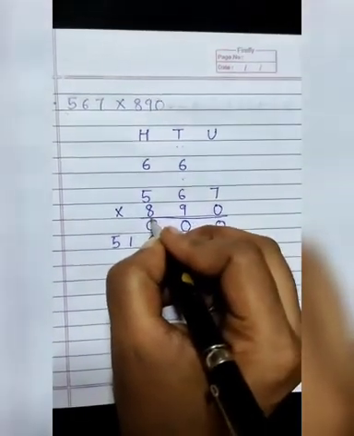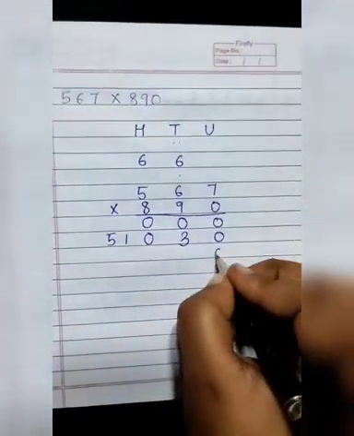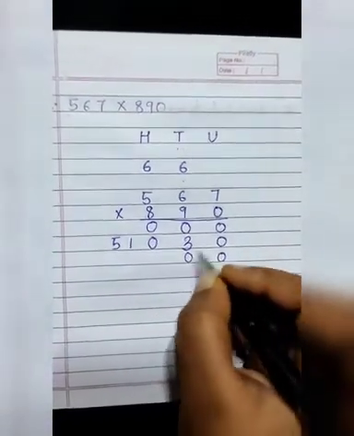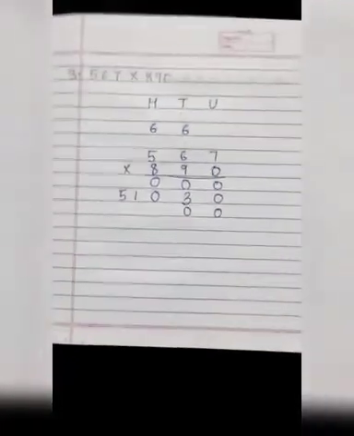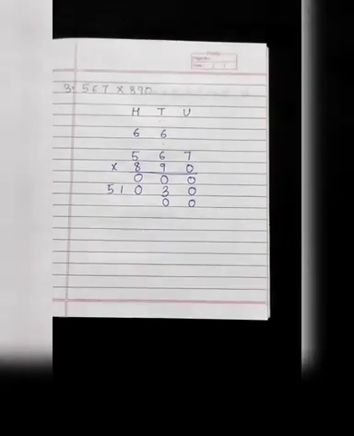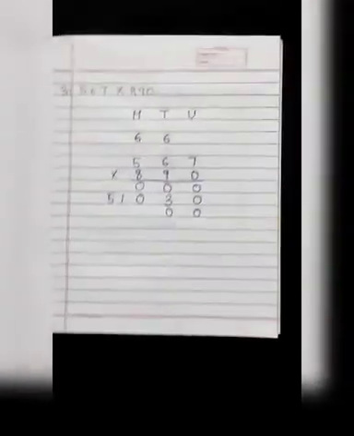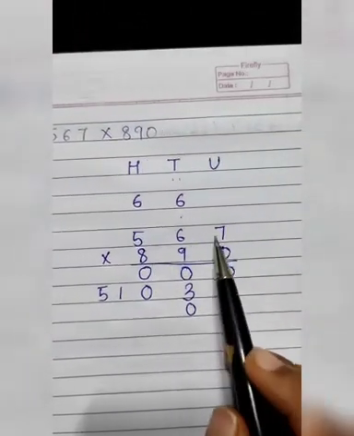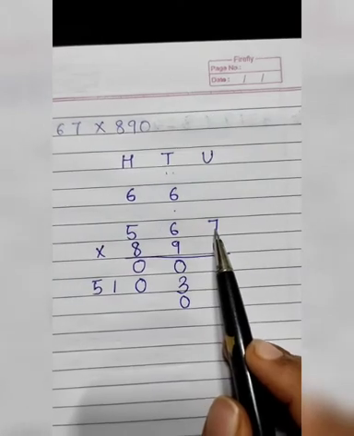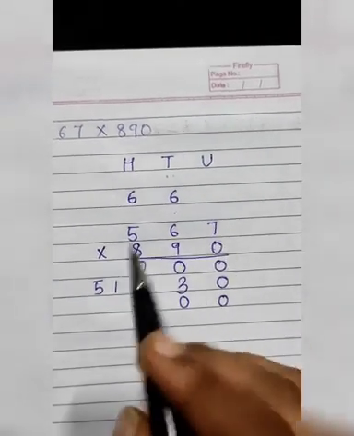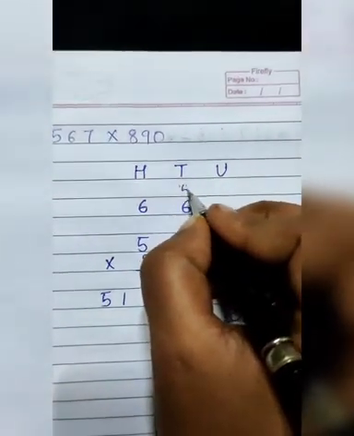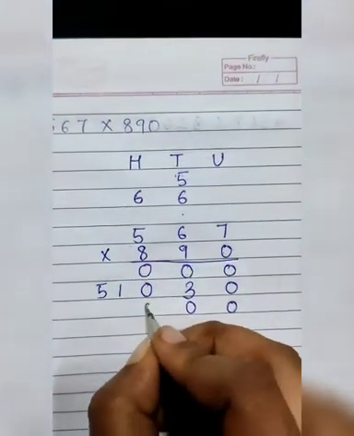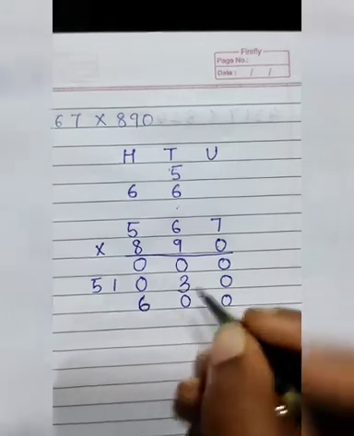Now the third number. So now this is on the 100 place. So we will write here 2 zeros. Now we will multiply. 8 sevens are how much? It will be 56. So 5 I will put here and 6 I am going to write down.